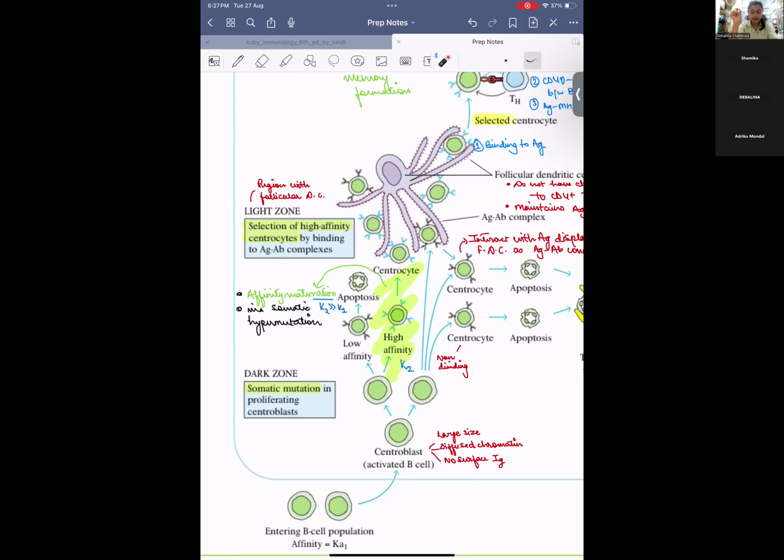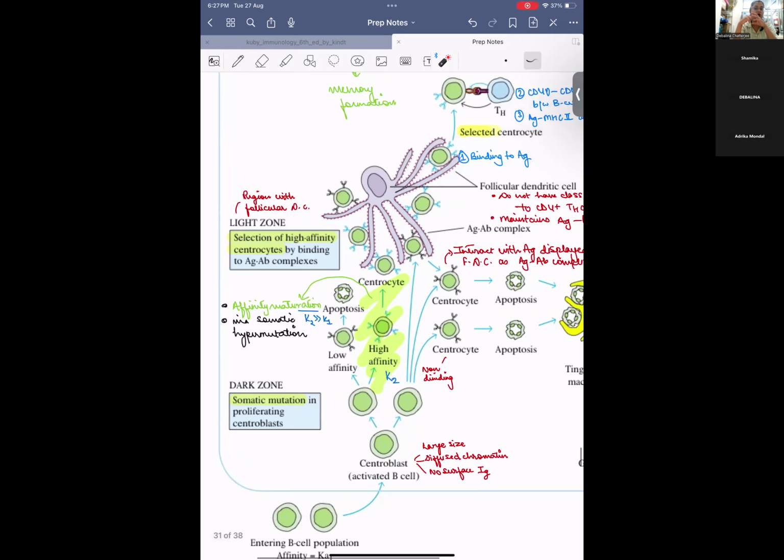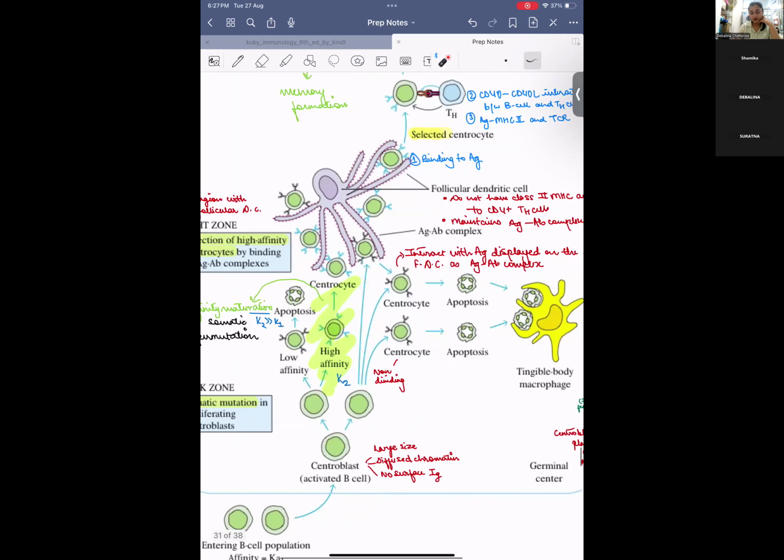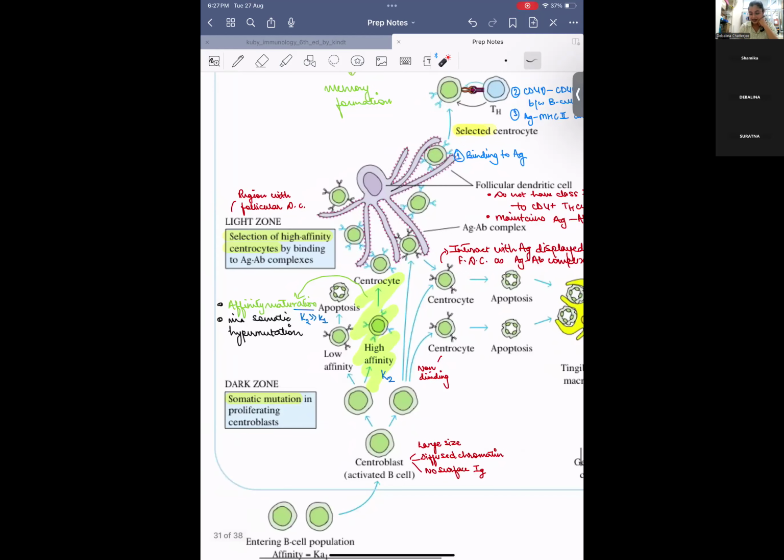Because of these mutations, this binding affinity is going to be further higher compared to what was initially there. So this process is known as affinity maturation, and it helps to stabilize the overall antigen antibody interaction that is already happening.